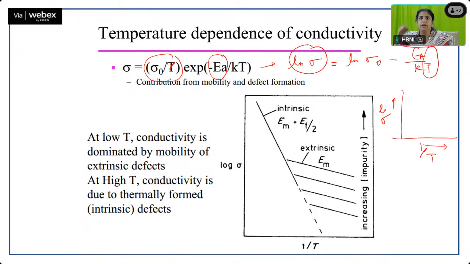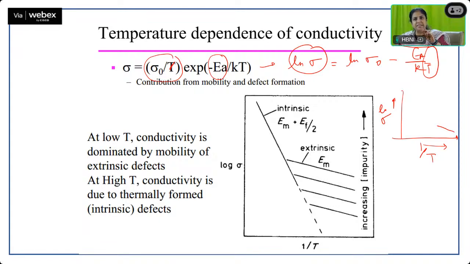Now imagine I had NaCl doped with CaCl2. When I'm at low temperature, which means 1 by T is high, the conductivity of the material will increase as I increase the temperature, but this conductivity is only due to the vacancies that were created by virtue of doping calcium, that is, extrinsic vacancies.